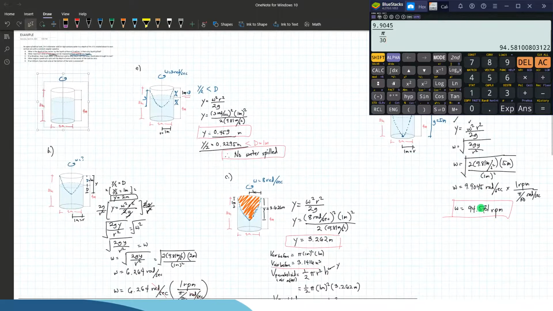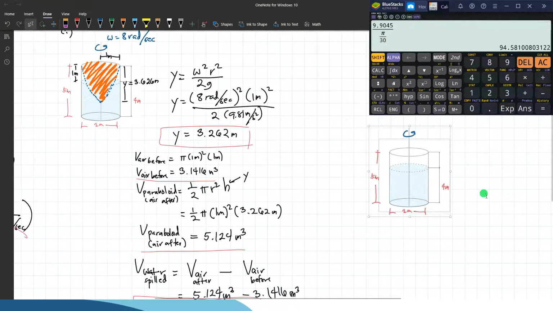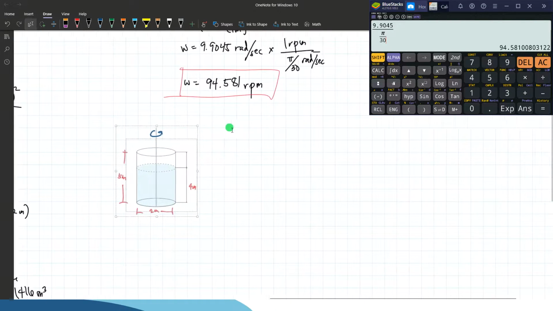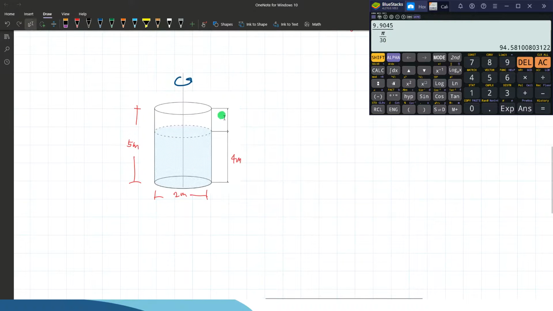For letter E, 120 is greater than 94.581, so that's case number 5 on the slides earlier. So if we draw the figure of the liquid surface, it will exceed the bottom portion of our cylindrical tank.